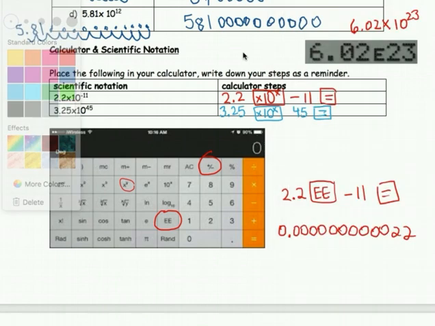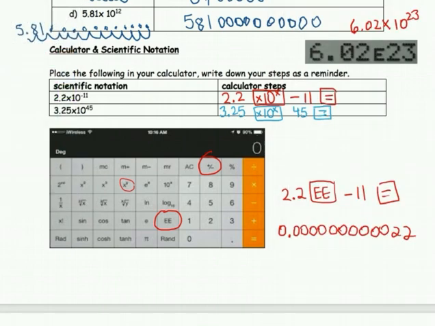This one here is quite big, so it won't turn to a decimal like it did down here, so it will leave it in scientific notation format. It would look like this on your calculator: 3.25, and then a little e, 45.